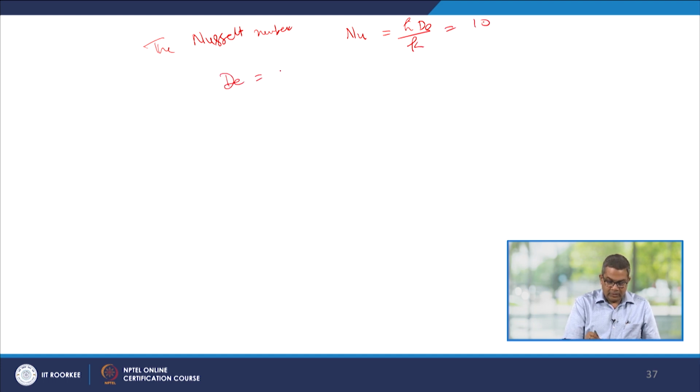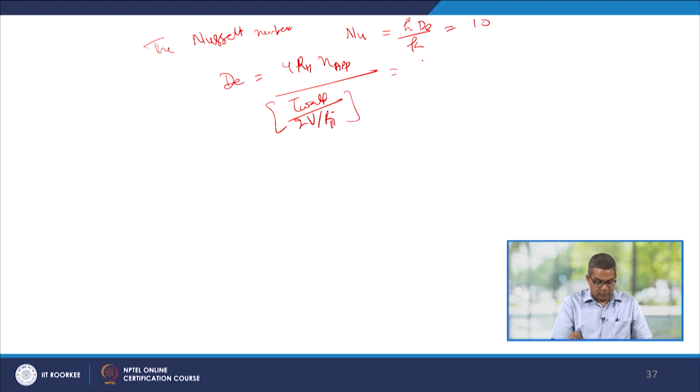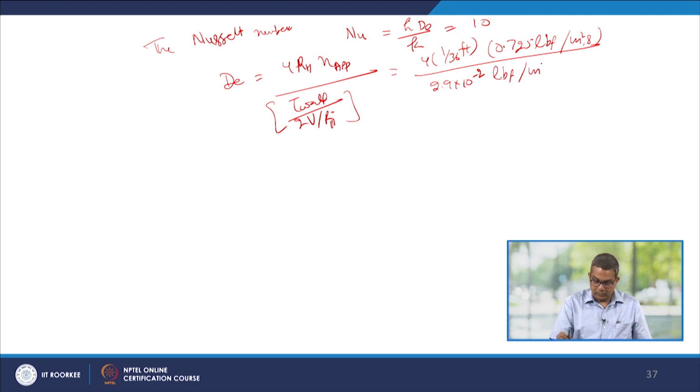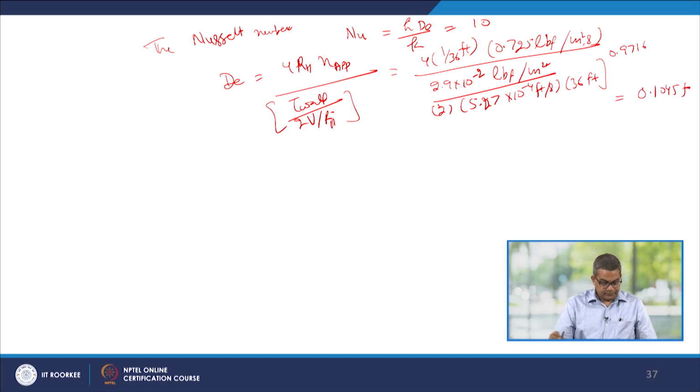Now, this V is equal to 4H over 2V over R_H, which is equal to 4 into 1 by 36, 0.725 over 2.9 into 10 to the power minus 2, over 2 into 5.27 into 10 to the power minus 4 feet per second into 36 feet, and that whole to the power 0.9716, which comes out to be 0.1045 feet.